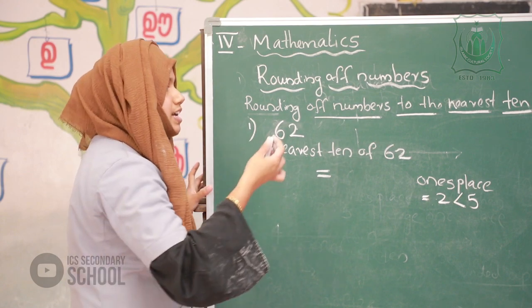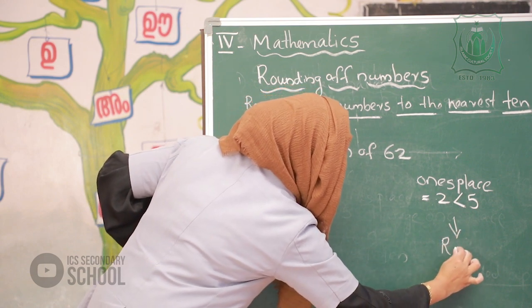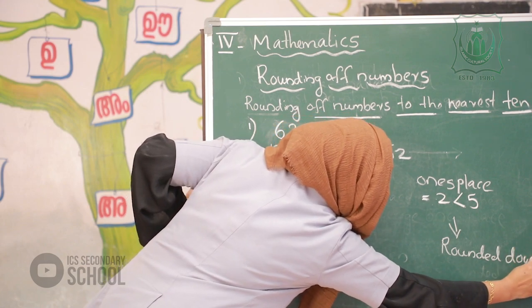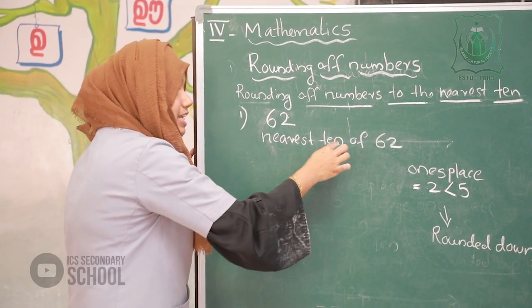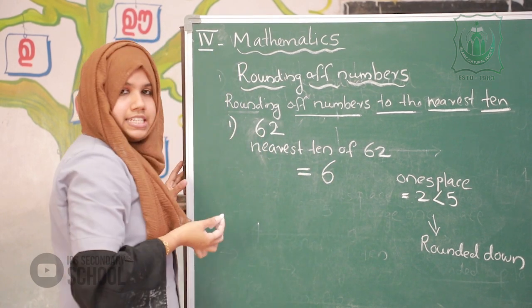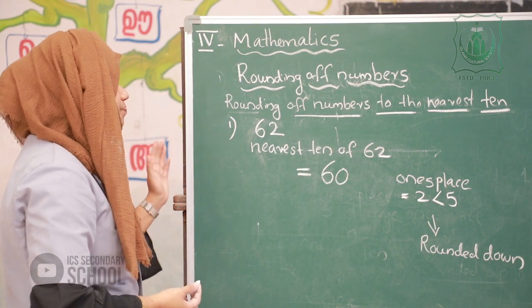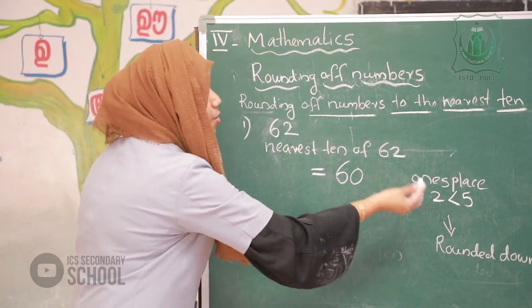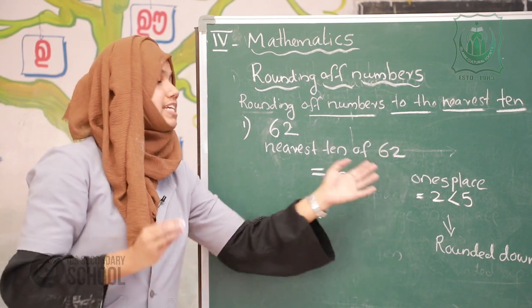That means it is rounded down. And we have to find the nearest 10 of 62. There is no change in the tens place, and change the ones place to 0. So, 60 is the nearest 10 of 62, and it is rounded down.